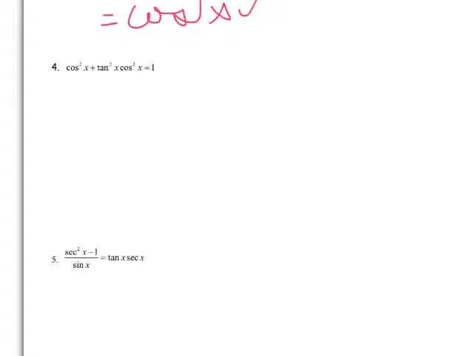All right, number 4. This is a new problem for us. Now, I am not saying that this is the only way to do it. This is a way that will be very beneficial to you later on. What I notice is that within this problem, I have some group plus some group.